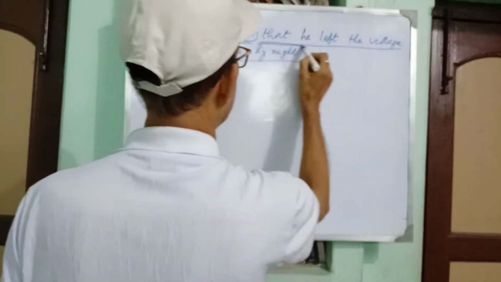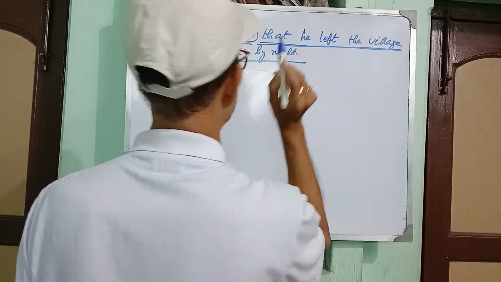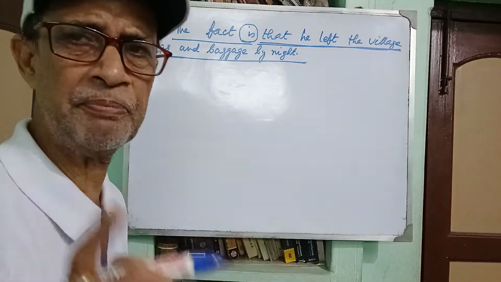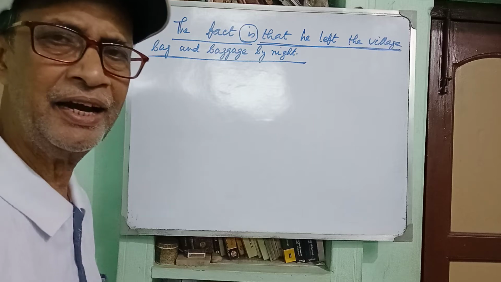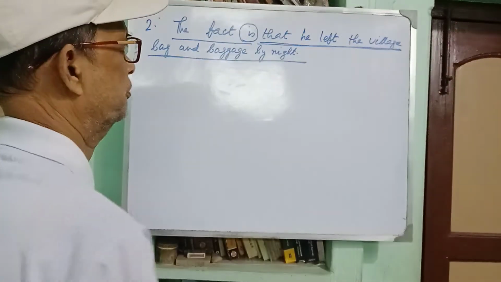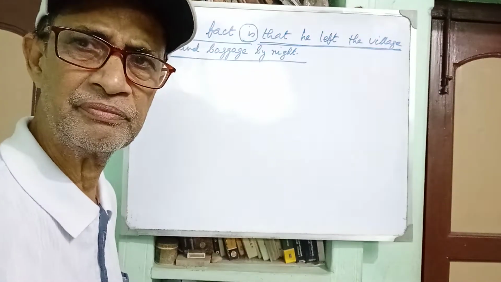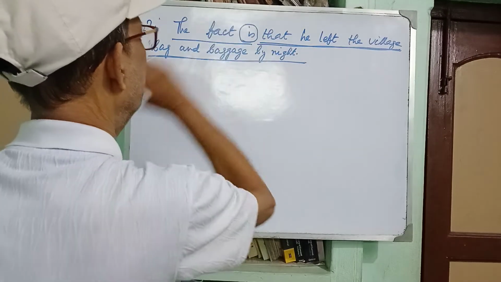Number 2, that he left the village bag and baggage by night. It is an example of noun clause because it is completing the meaning of is. So, complement to the verb is.